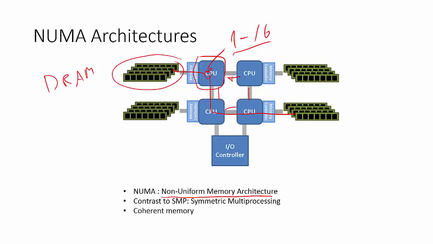Of course, this processor has faster access to its own memory than if it has to go over the links, and this is where the non-uniformity comes into play. So this is a non-uniform memory architecture, in contrast to SMP, which stands for symmetric multiprocessing. But it's still shared memory, and the caches are coherent.